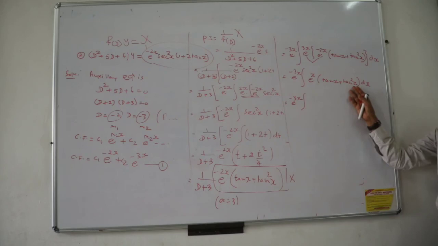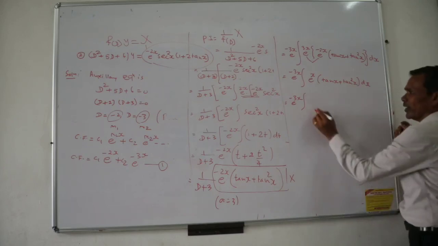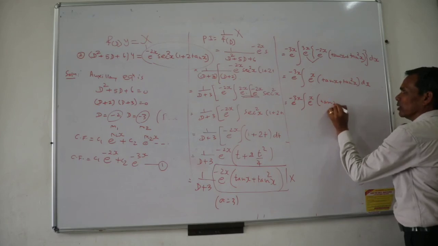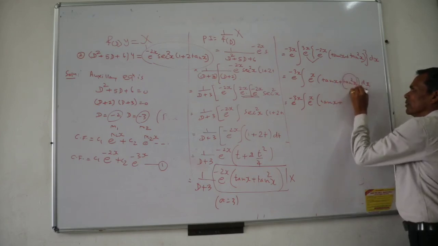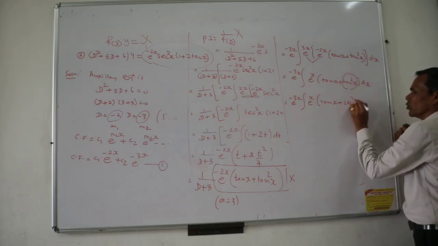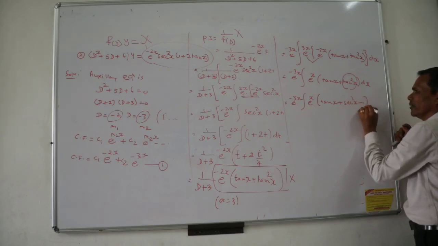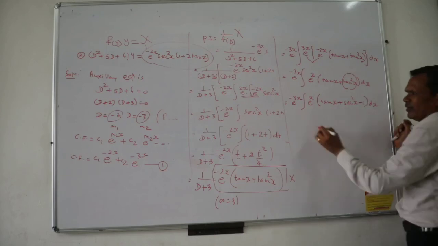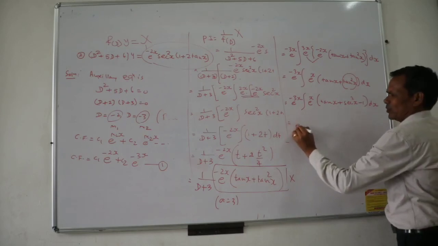I replace this tan square x by sec square x minus 1. So e to the power x into tan x, and I replace this by sec square x minus 1, into dx. So again I simplify this further.